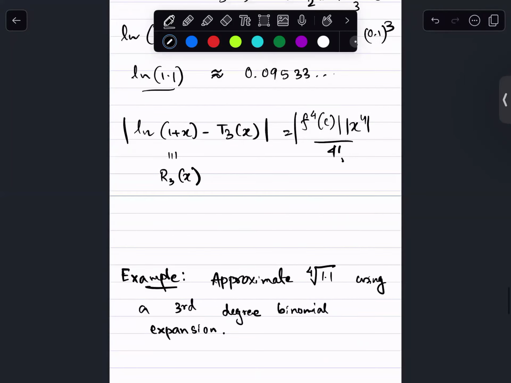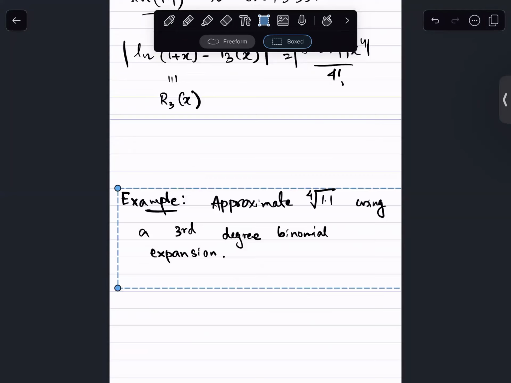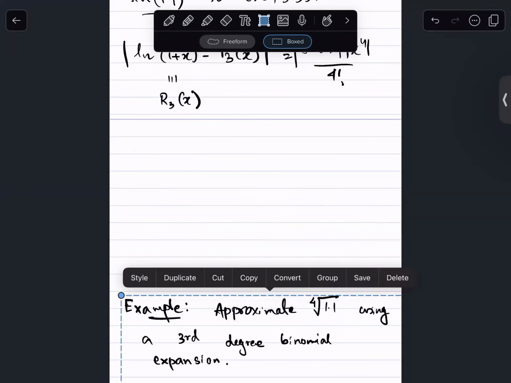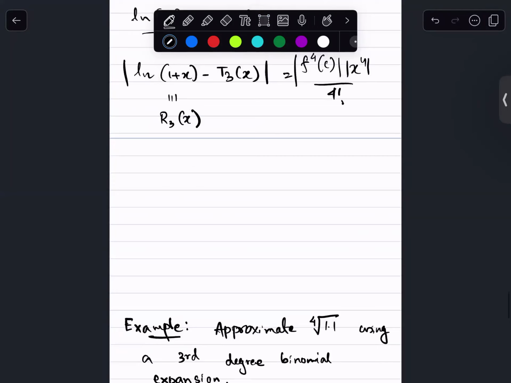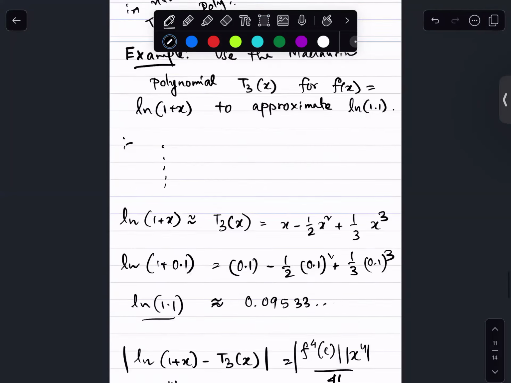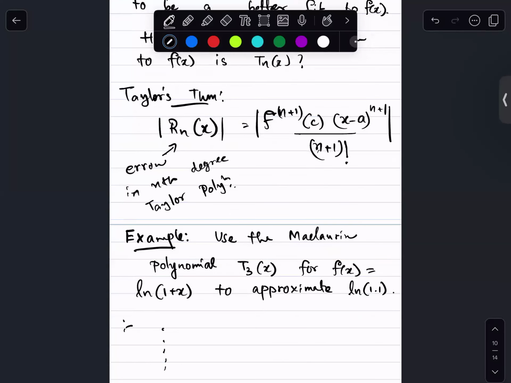Okay, now I have to estimate the fourth derivative of f at c. Remember, c is, oh, I didn't mention c. What is c for? c is some value between x and a.